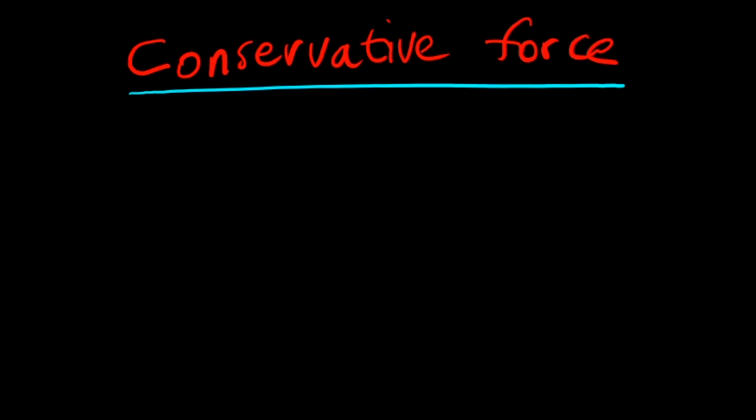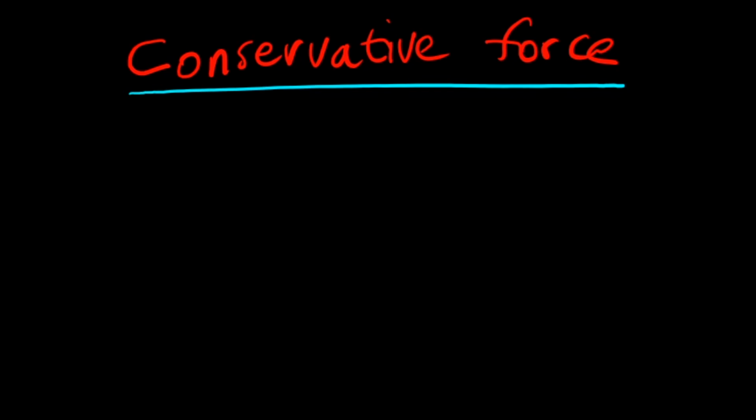Conservative force is the next part of the lesson we are going to look at. What is conservative force? Conservative force is a force for which the work done in moving an object between 2 points is independent of the path taken. For example, gravitational force, the elastic force in a spring, and electrostatic force. Now let us explain this furthermore.